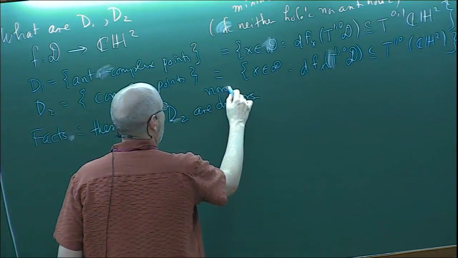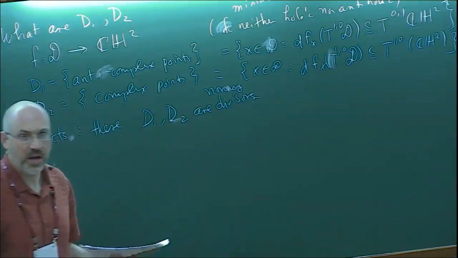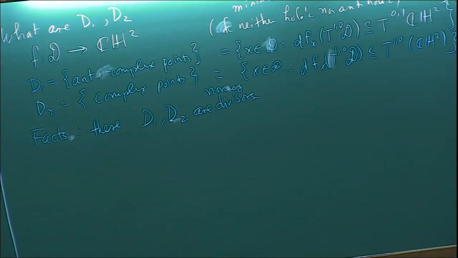And in a strong sense, in that there is a notion of multiplicity of a complex or an anti-complex point, which can be measured. So D1 could consist of 2 copies of a single point, for example. Okay?